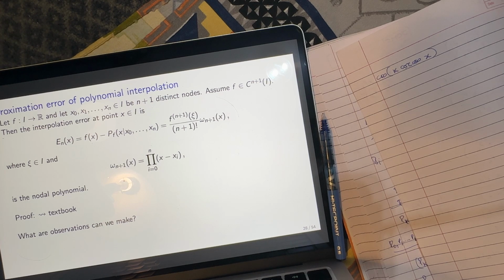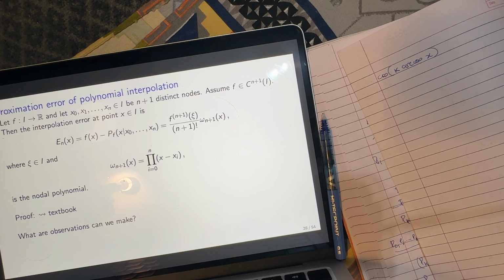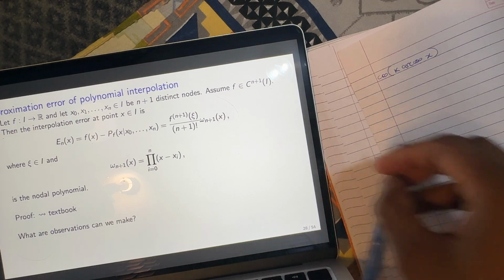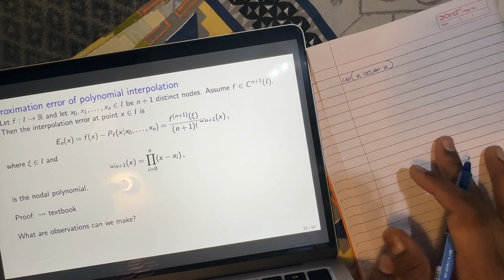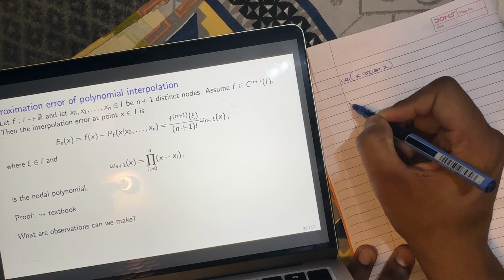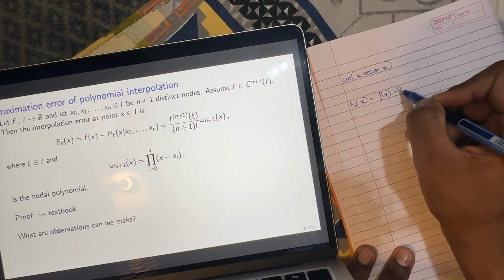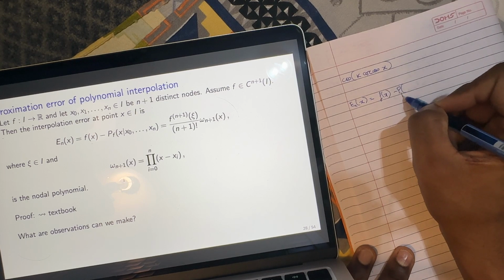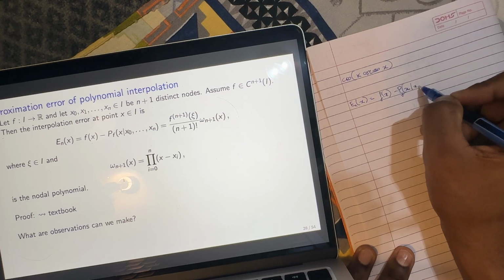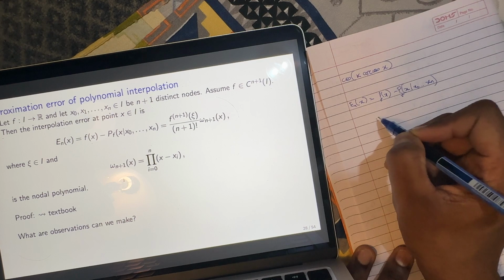Assume f is continuous and differentiable, then the interpolation error at point x is f of x minus the polynomial which interpolates f calculated at x, which was interpolated using x0 to xn points.